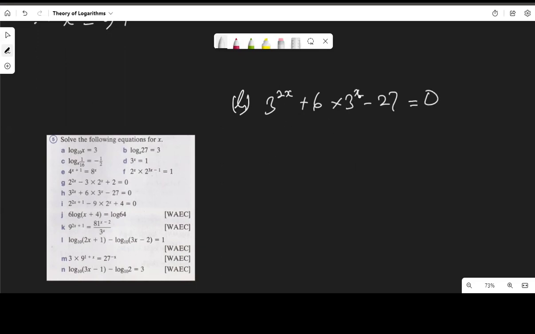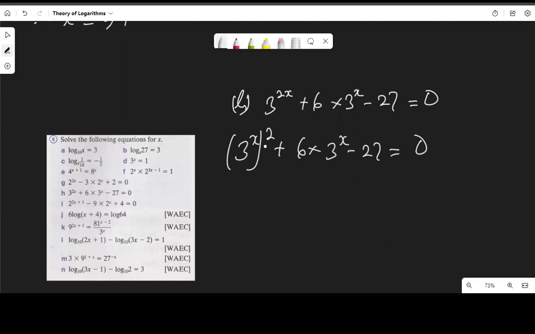Again, I have 3 to the power of x here, so I will adjust this first term so that I will have 3 to the power of x in both places. In this first term, we can write that as 3 to the power of x, then to the power of 2, plus 6 times 3 to the power of x minus 27 equal to 0.